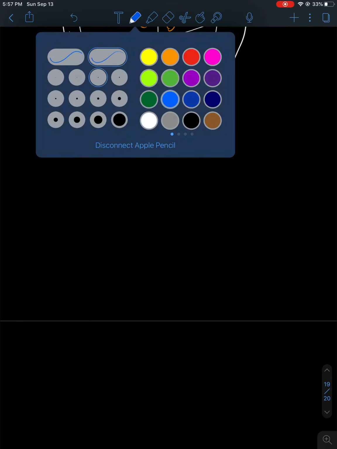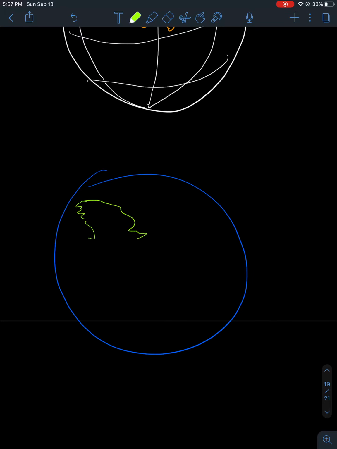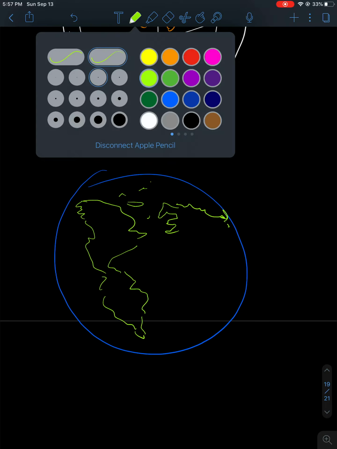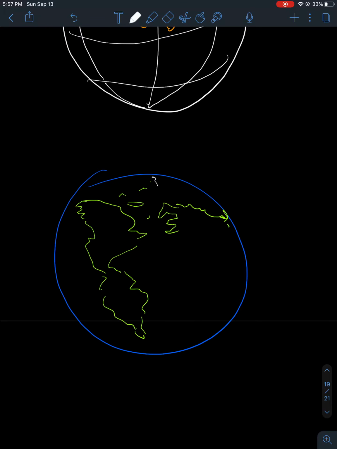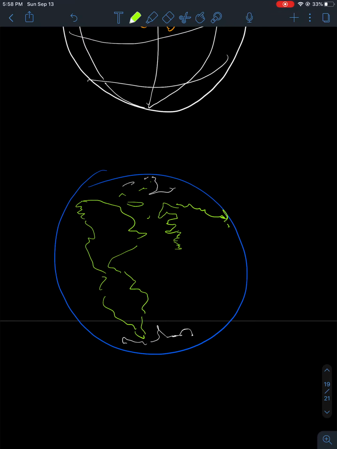It's kind of like how you can have a drawing of the Earth with all the continents and stuff. Saudi Arabia. Then here's Africa. This is pretty bad. I kind of messed it up.